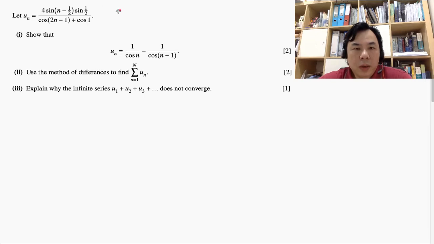This is like sine A sine B form divided by, for instance, cos C plus cos D format. So here I'm going to develop a formula for us to use for this and for this.